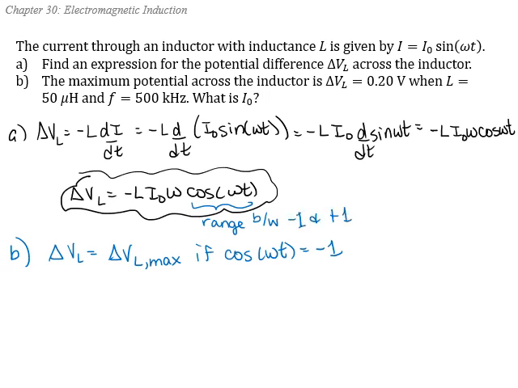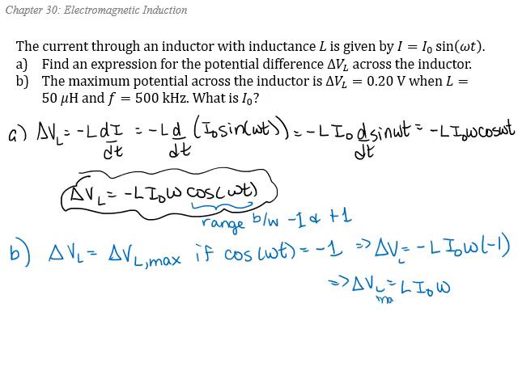So if my cosine term is equal to negative 1, I get delta V is equal to minus L times I0 times omega times negative 1, which means that my delta V is equal to, wait, sorry, got mixed up with my symbols there. Delta V is equal to L times I0 times omega.